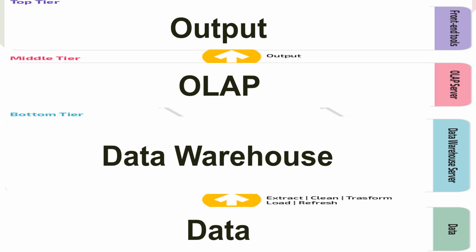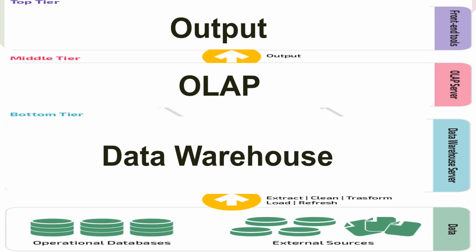Okay, so this slide is explaining the relation between data, the data warehouse, and OLAP, or online analytical applications, and the output. What is the output of the OLAP? So we have data from extracted sources, external sources, and operational database sources.